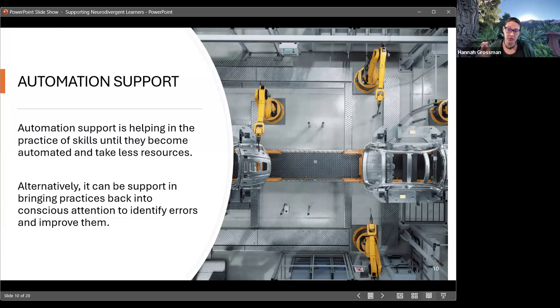Now, there is one huge caveat, and that is with certain neurodivergences like dyslexia, they find automating means you have to process it more times before it turns automatic. I've heard, and I don't know how accurate this number is, that dyslexic people need to practice 10 times as many times as non-dyslexic people to automate the same sorts of things.